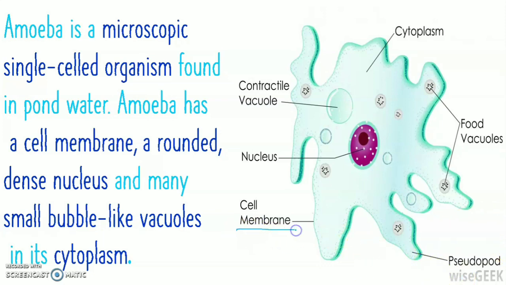Amoeba has a cell membrane, a rounded dense nucleus, and many small bubble-like vacuoles in its cytoplasm. So cytoplasm is basically the whole body of the amoeba, and the vacuoles. So you see here the food vacuoles, and these are the bubble-like vacuoles.